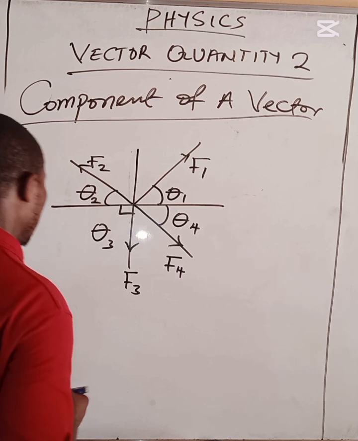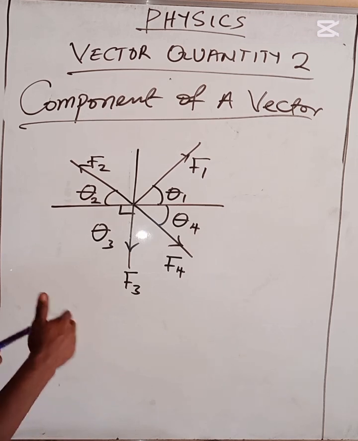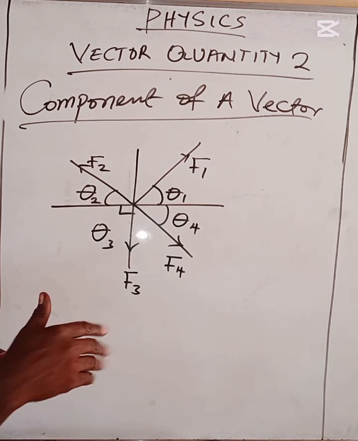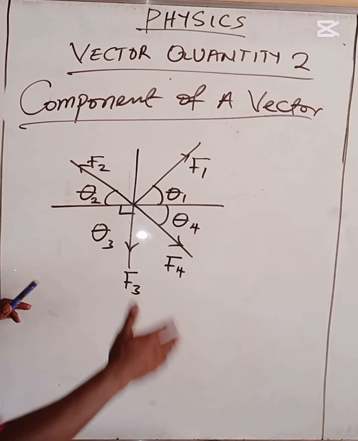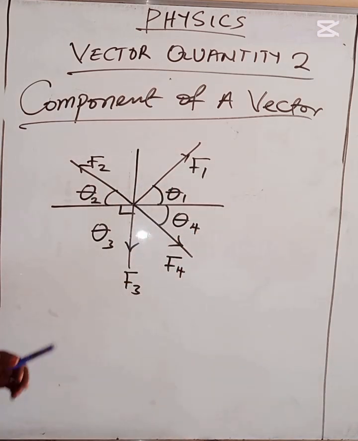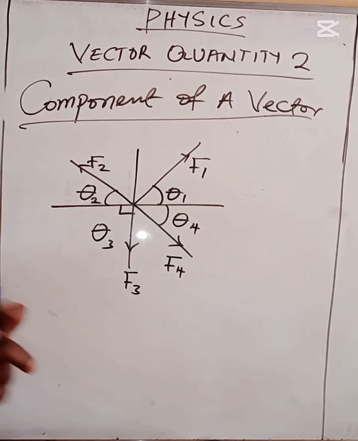So in this case, if I want to use the formula method to solve for Fx, that is the horizontal force, I know that all the forces on the right-hand side should be positive, and all the forces lying on the left-hand side should be considered negative for the x component.